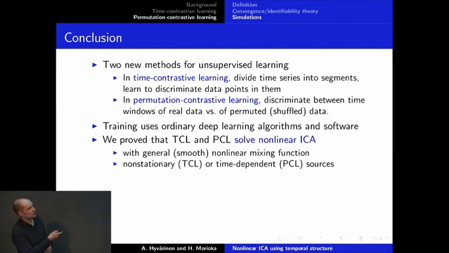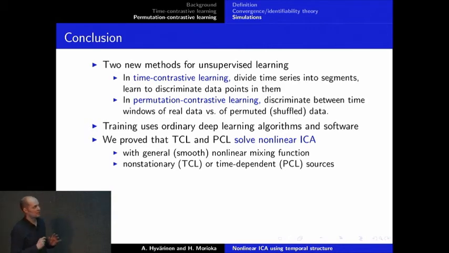So basically the idea of non-stationary sources for TCL and time-dependent sources for PCL. And in both cases, and this is important, we solve the problem with quite general, just smooth and invertible nonlinear mixing functions.